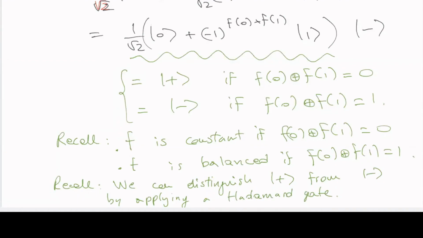So the last thing that we do is we apply a Hadamard gate to the first qubit. If we end up with the qubit in state 0, it meant that we had a plus, so the function is constant. If we end up with the first qubit being in state 1, it means that we had a ket minus, and so the function was balanced.